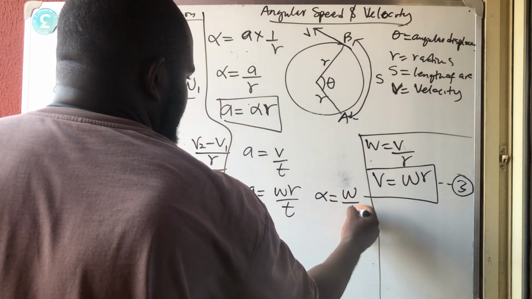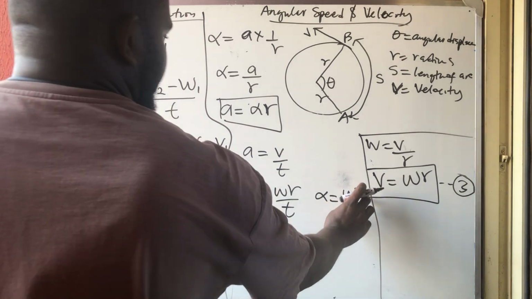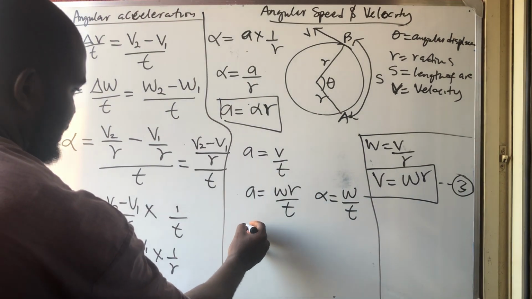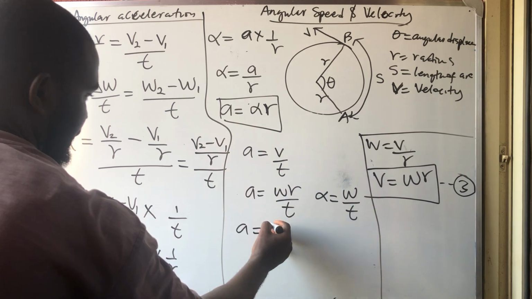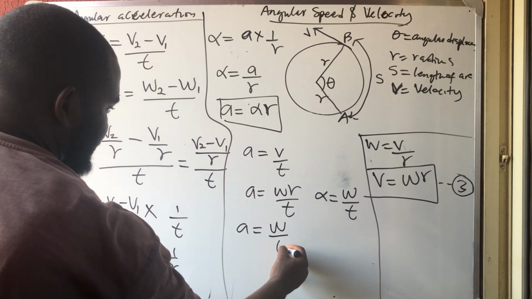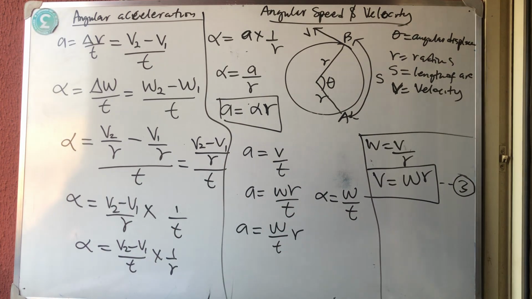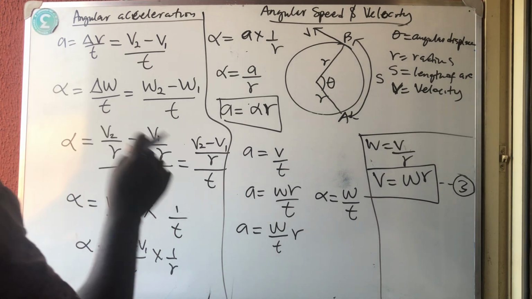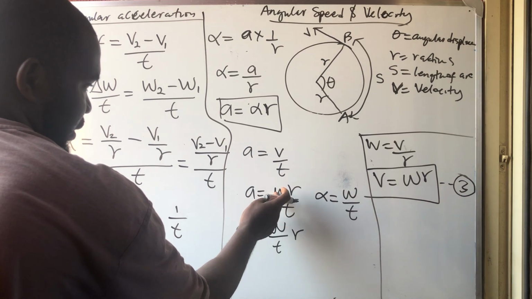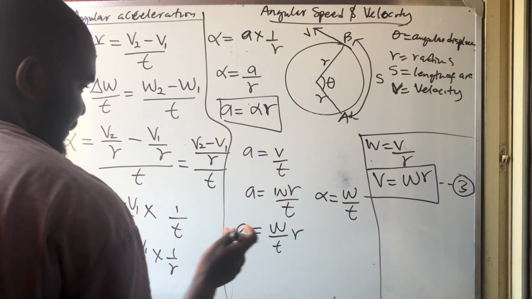Angular velocity over what? Over time. Is it not? Angular velocity over time. So I'm having that A there is equal to what? Instead of putting this one, let me put angular velocity over time, then R.